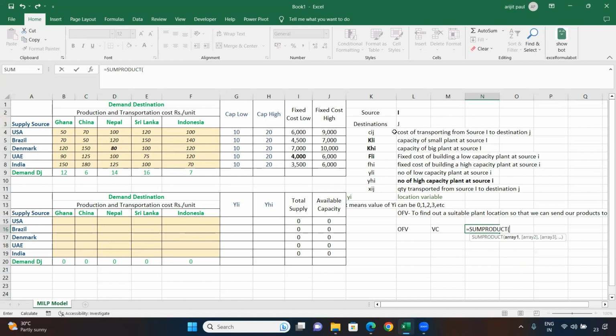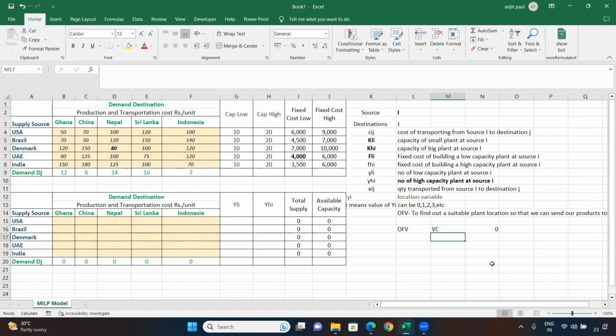That is cost of transporting from source to destination and quantity that we are going to transport from source I to destination J. So we can mention some product. This is the cost. Multiply to it the quantity that we are going to transport. That is Xij. So this will become our variable cost or the operation cost.